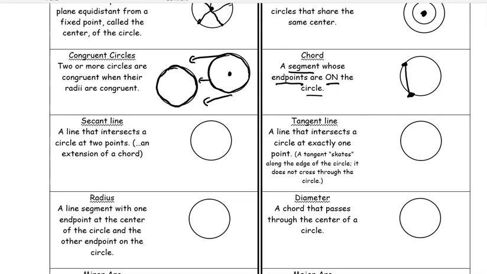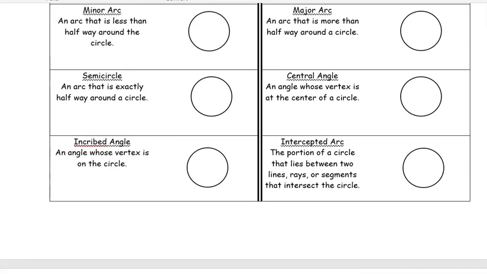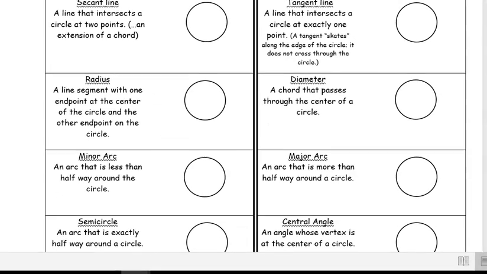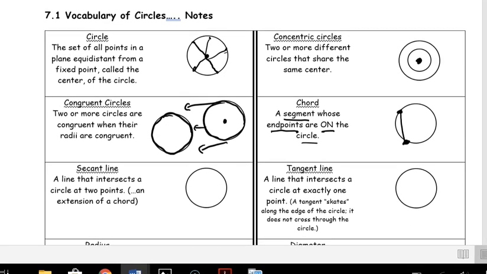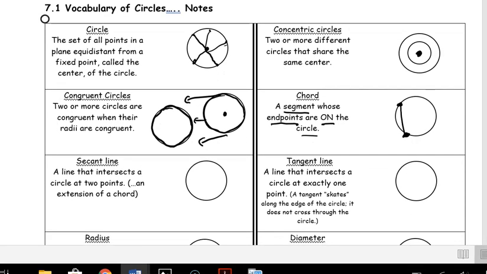Okay, that's a chord. Sometimes our chord is also what you are probably familiar with, your diameter. Let me move this up here, that we've dealt with before, so we'll get to that in a minute, but our diameter would just be a chord that also goes through the center. But we've still got a segment whose endpoints, so this point and this point, are on the circle.